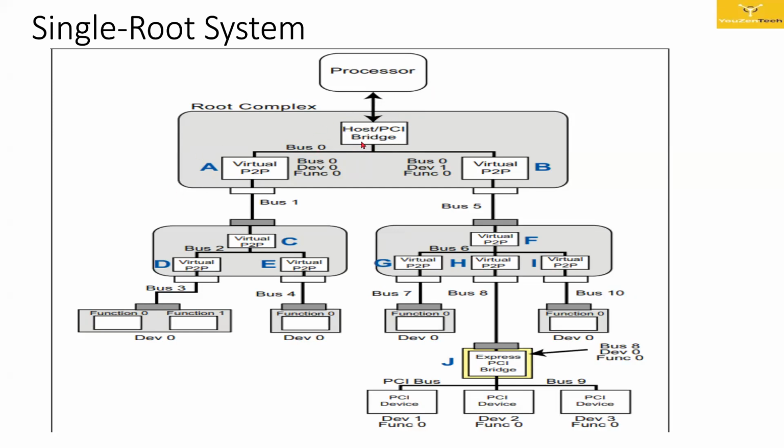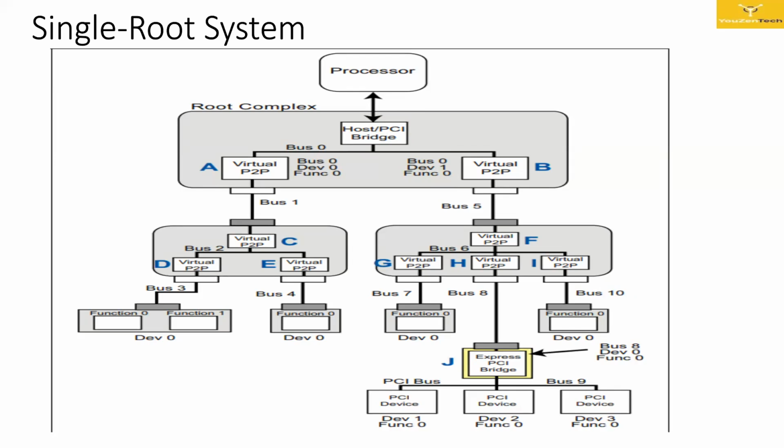Later we will see that this subordinate bus number is overridden. So right in the start, this host PCI bridge will have the primary bus number as reserved, secondary bus number as 0, and subordinate bus number as 255.